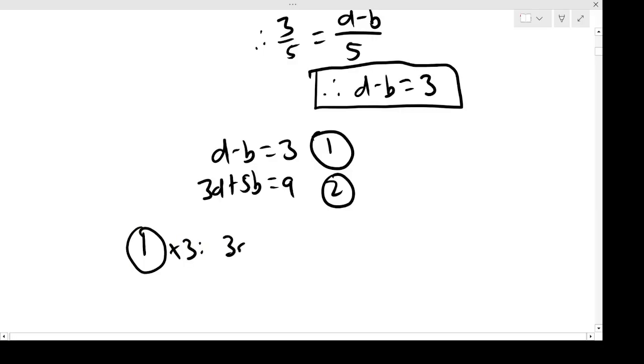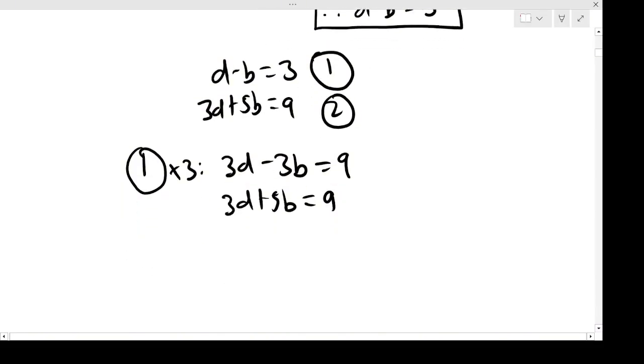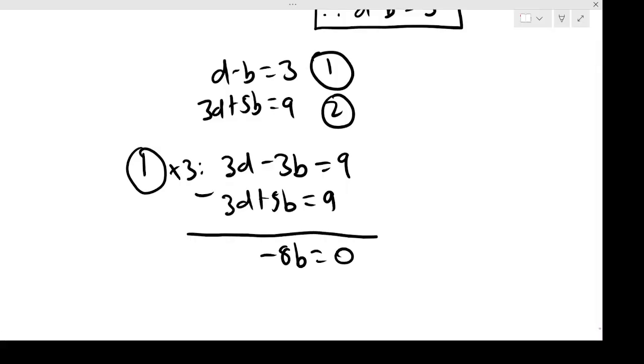So I'm going to get 3D minus 3B is 9. And then if I restate the second equation, what I can then do is subtract them to get rid of the 3D. And so I'm left with minus 8B is going to be 0, and therefore B is 0.